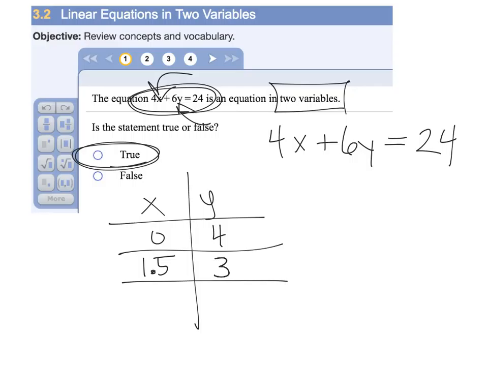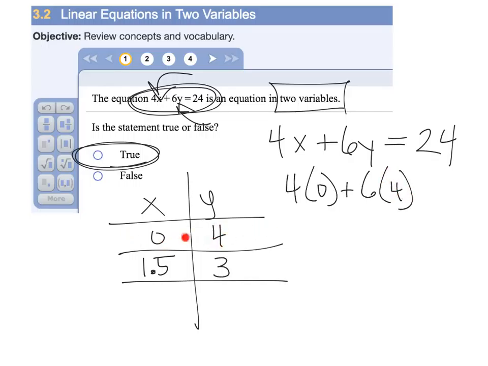Now, if you're not sure about that, for example, let's say you're not sure about this x is 0, y is 4 baloney. Well, we're going to take those two values and we're going to put them into this equation. So we're going to do 4 times 0 plus 6 times 4. Where did I get the 4 from?